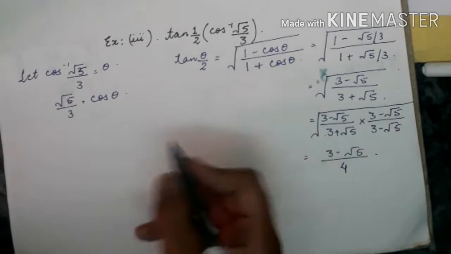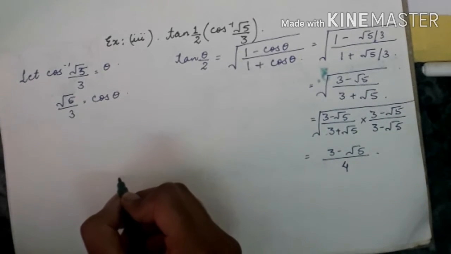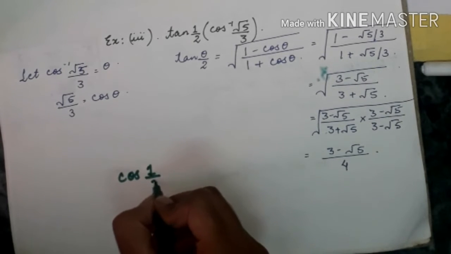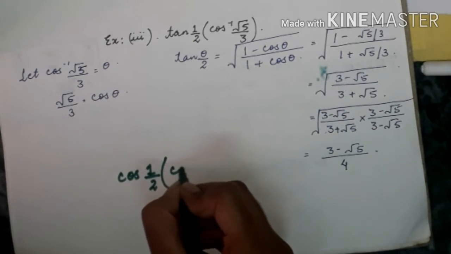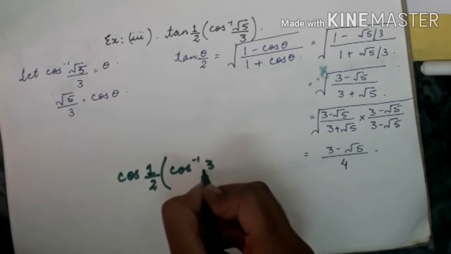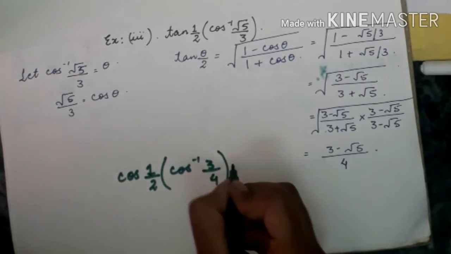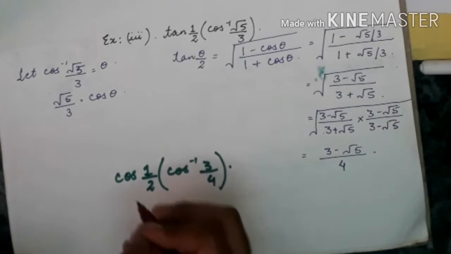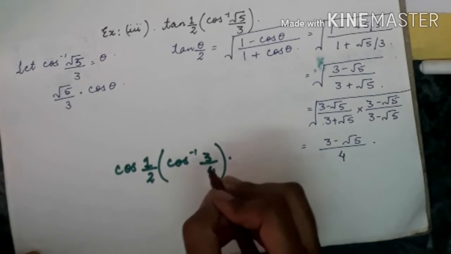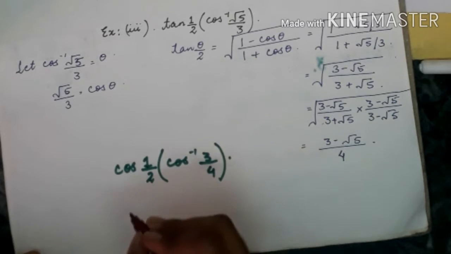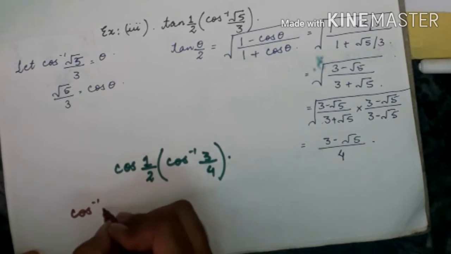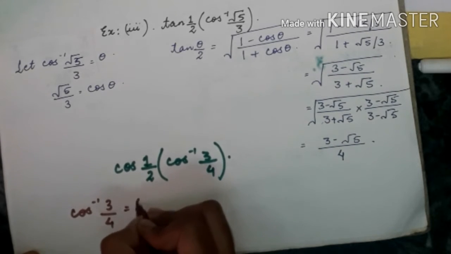Similarly, if you get a question like this, cos of 1 by 2, and in bracket you get cos inverse 3 by 4. Now here also a new identity is there. Here also you will let cos inverse 3 by 4 is equal to theta.